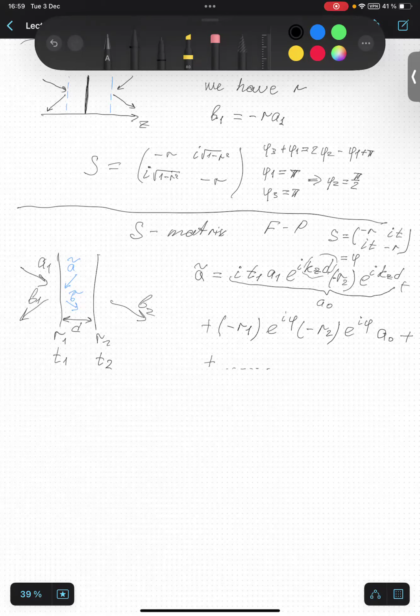What will we have in the end? In the end, we will have 1 plus R1 R2 e to the 2i phi, plus R1 R2 e to the 2i phi squared, plus so on, multiplied by A0.